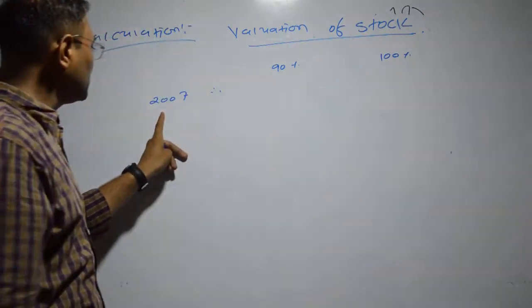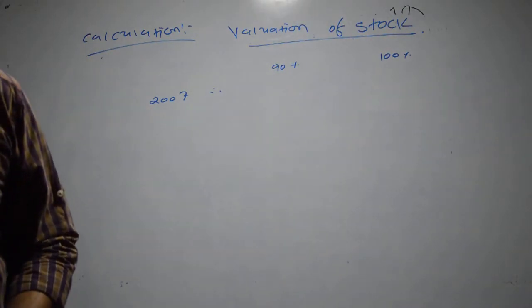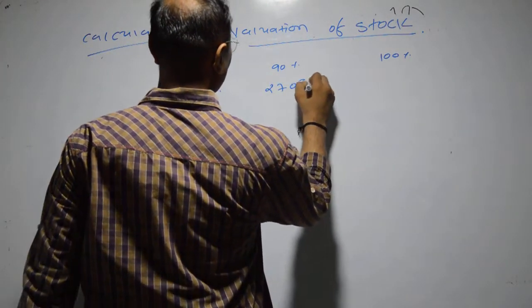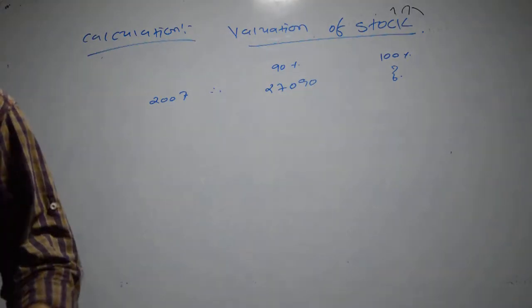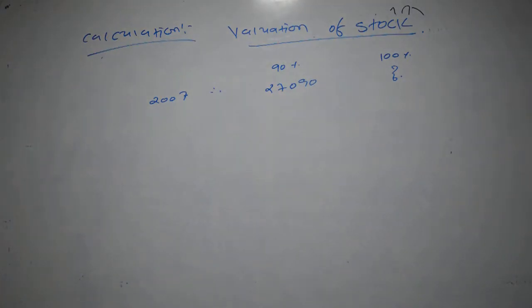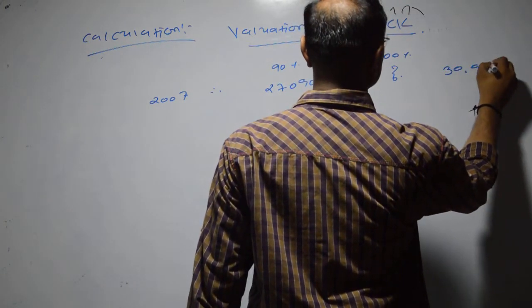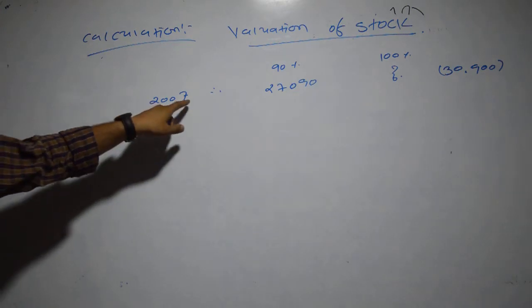In 2007 the price was 27,090, and the actual cost we find is 30,900. This is the first calculation, for 2007.